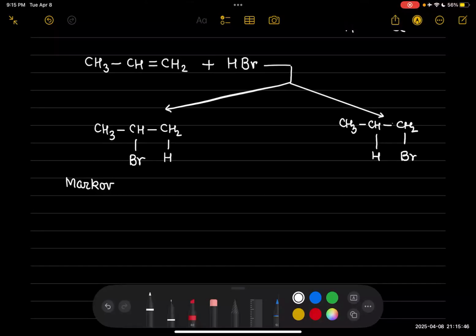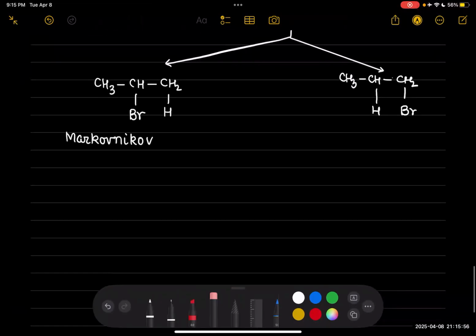That's what it says. Markovnikov or Markonikov, you have different spellings as it is a Russian name, so don't bother about the spellings. Okay, Markovnikov rule.